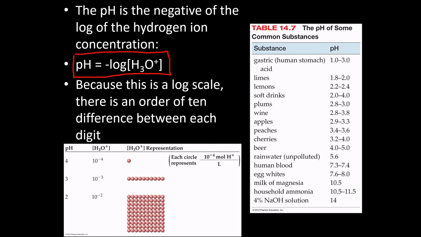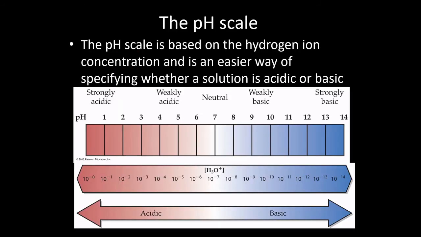If we plug 10 to the negative 7 into this spot right here, take the negative log base 10 of that number, we get 7. We get this number here. As you notice, it does stay consistent there. So if we have 10 to the negative 8, we have a pH of 8. If we have 10 to the negative 9, we have a pH of 9, and so on.